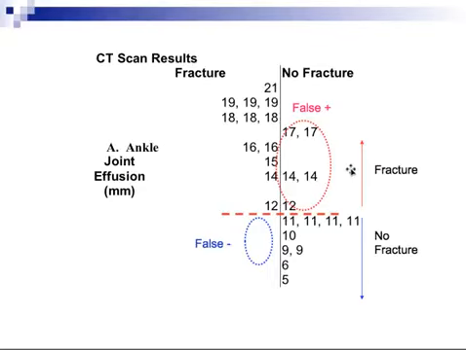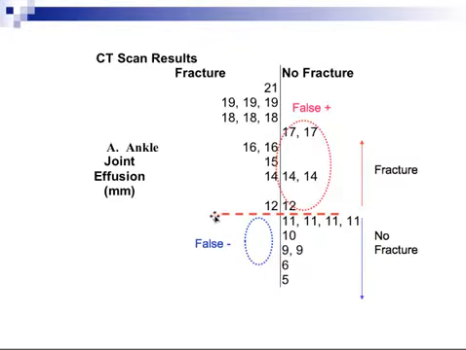Now, let's suppose we wanted to define the test differently. Rather than optimizing the number of false negatives and false positives, we want to minimize any false negatives. We don't want to allow anybody to not get an x-ray who might have a fracture. So essentially what we would have to do is draw the cutoff at a different point.